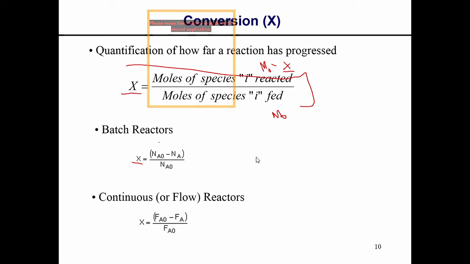And then for a continuous or flow reactor, the conversion is the initial mole flow, which is the mole flow in, minus the mole flow being converted, over the initial mole flow. And this will be moles per hour, moles per liter per hour, while this one is just in concentration units.